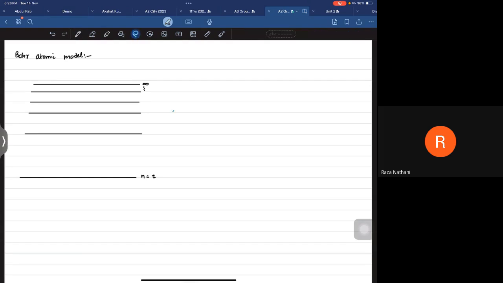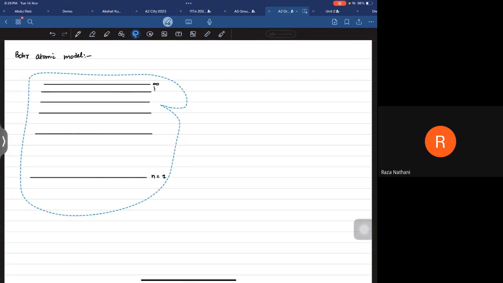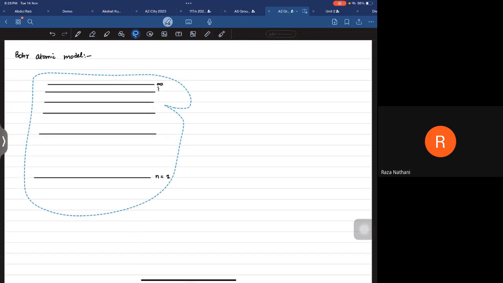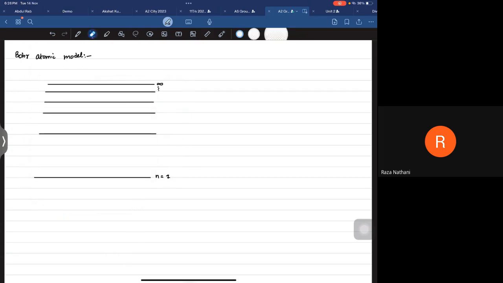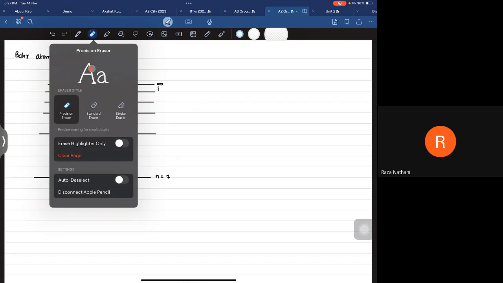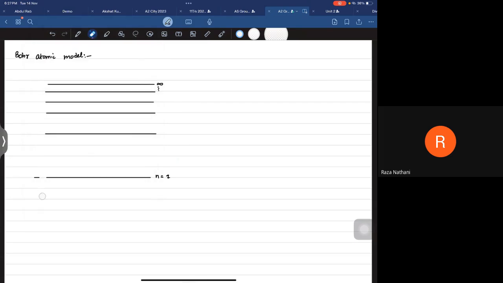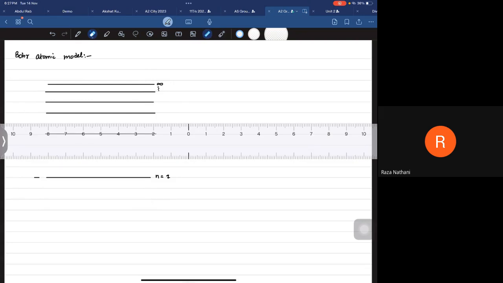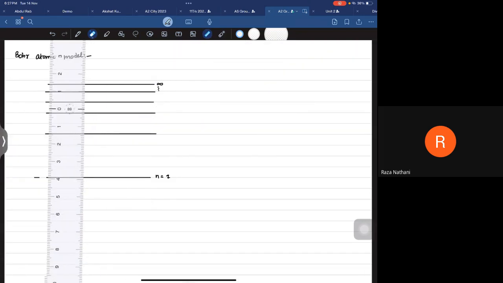Okay. So let me just move it a bit to the side like that, and also straighten them up. Okay, well, this is good.